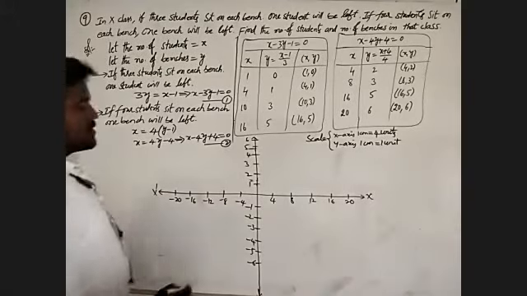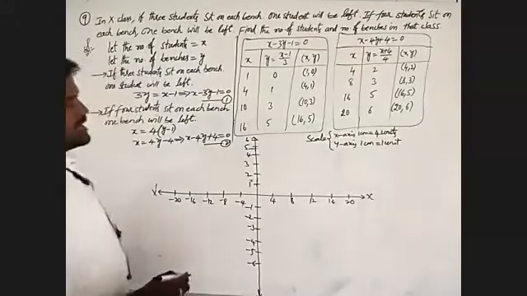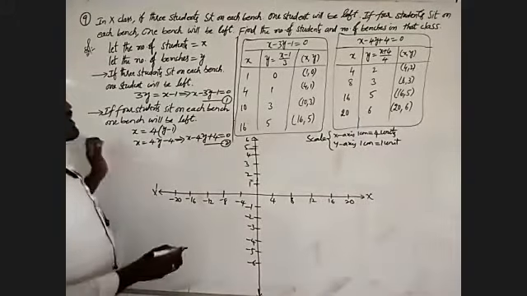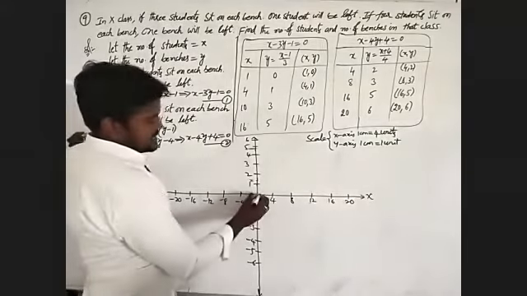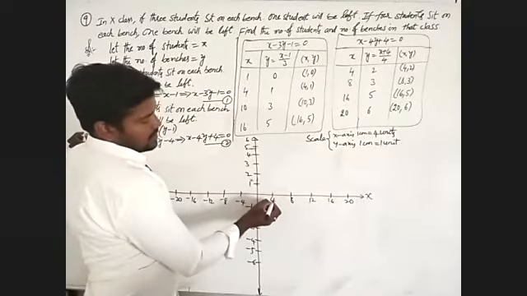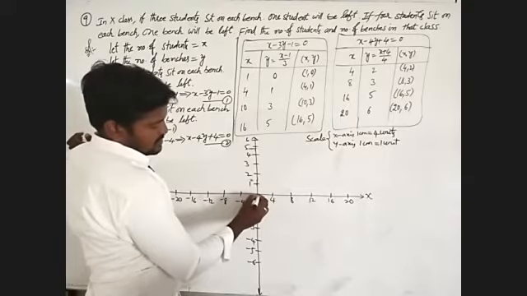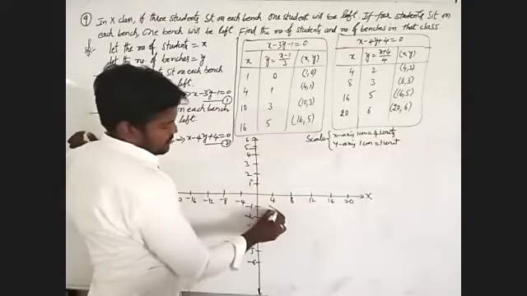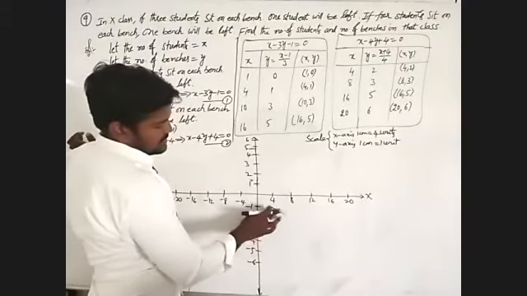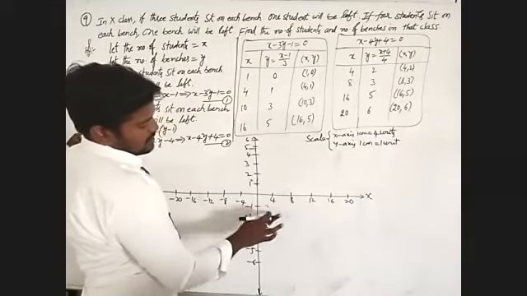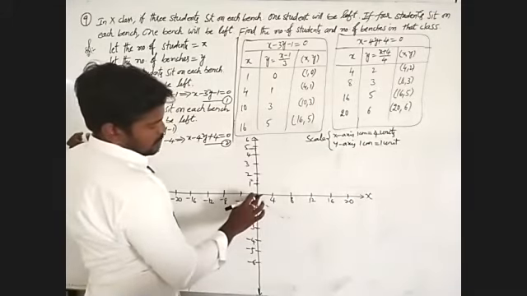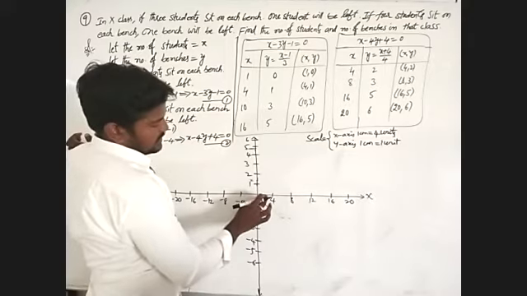First, we have to take 1, 0, where the y coordinate must be 0 means it lies in x-axis. 4 means here 0, 1, 2, here 4 can be divided into 10 places: 0.5, 1, 1.5, 2, 2.5, 3, 3.5, 4.